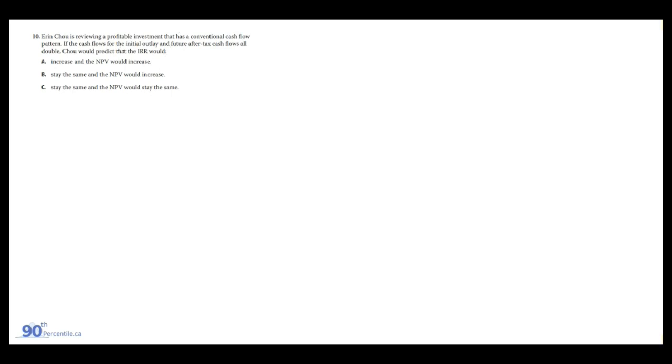So anyway, if the cash flows for the initial outlay and future after-tax cash flows all double, so let's just say we have like negative 100 outflow year 0, and then 200 year 1, 200 year 2, and these double to negative 200, 400, 400.